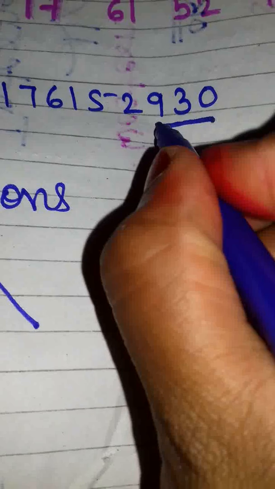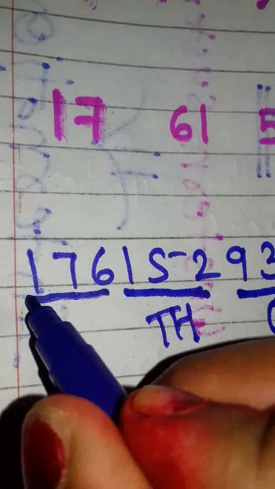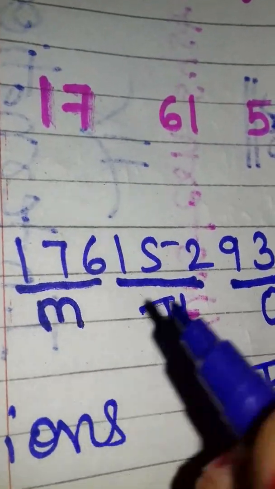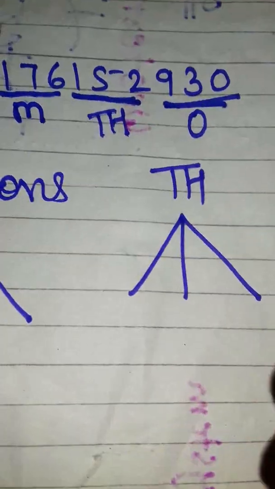This is ones period, 3 digits, 3 places. Then the next period is thousands period, here also 3 digits. Now these 3 numbers left will go in the million period. So here you can see we have divided the periods.